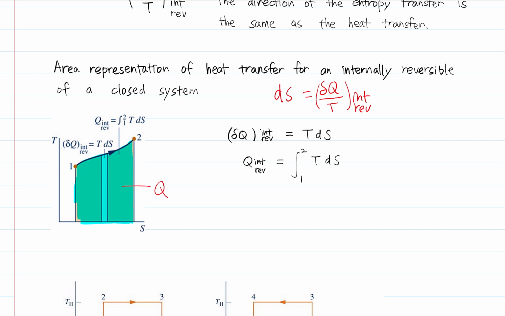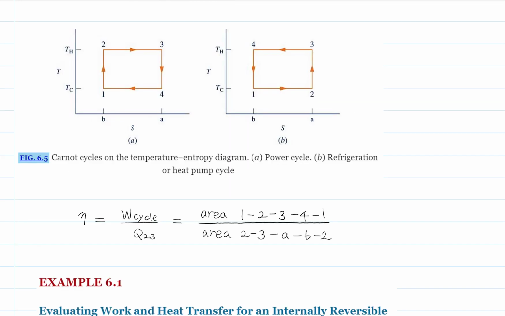When heat is transferred from the system to the surrounding, heat is removed from the system, Q is negative, so entropy transfer is also negative. So note that there is no entropy transfer associated with work. Work is also transferred across a system boundary, but work does not accompany entropy transfer.